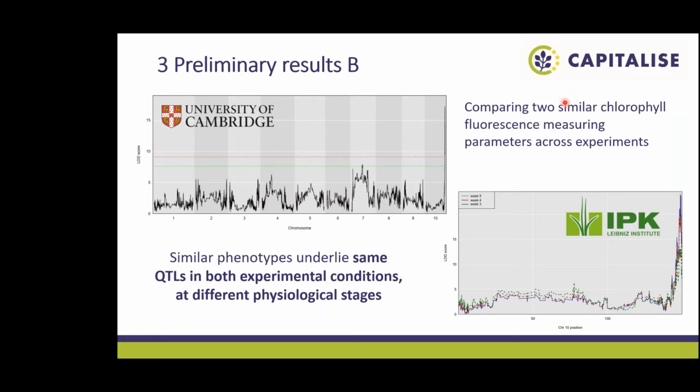Here we are comparing two very similar phenotypes that are measuring chlorophyll fluorescence, and we got a signal on chromosome 10, and we got the same signals at different time points also from the high throughput phenotyping platform, so from both experiments. So here we are also observing that similar phenotypes underlie the same QTLs in both experiments and at different physiological stages. So it seems that some QTLs are quite stable.